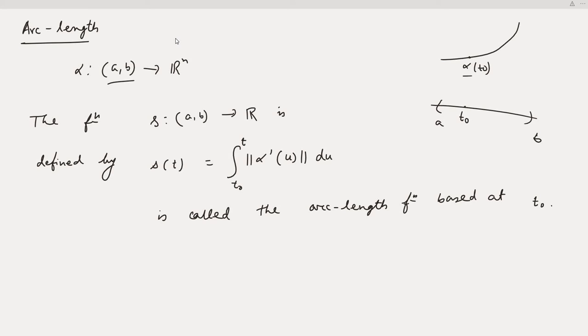For example, if t is here, then alpha of t is here. So s of t is the length of the segment of the curve alpha from alpha of t naught to alpha of t. The length of this portion is equal to s of t. So this is called the arc length function based at t naught. Well, we consider an example.